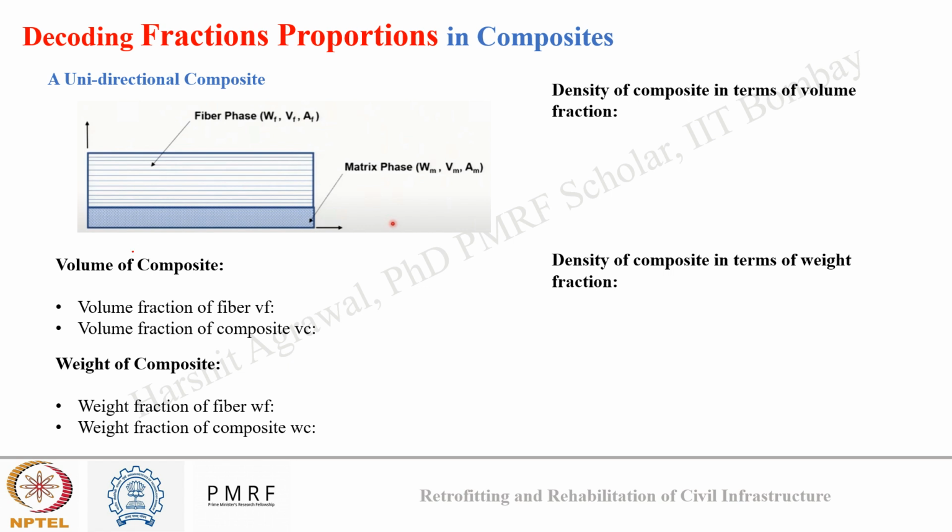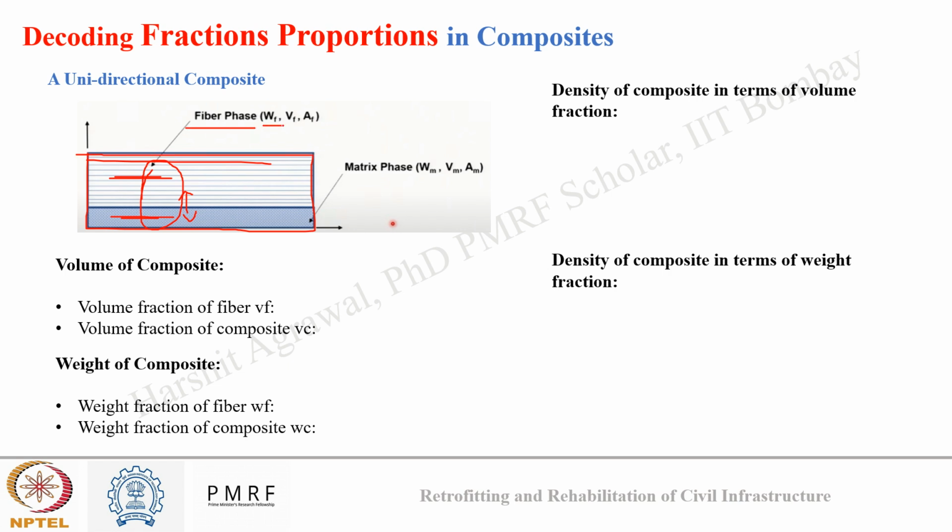Suppose I have a 2D lamina. I have fibers and I have matrix. Generally, fibers and matrix are homogeneous, mixed properly inside a composite, but right now I'm representing them as two separate materials so that it is simpler to understand. Suppose I have this composite, and I know how much fiber I added.